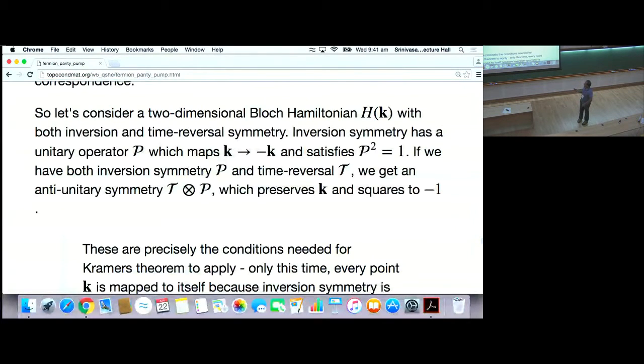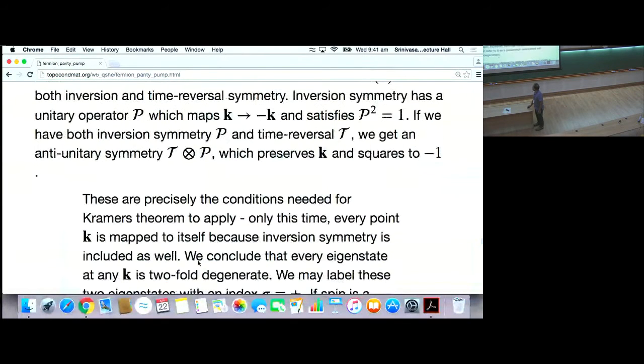The E and minus E, I guess, so this P is not a particle-hole, it's parity, so nothing takes E to minus E in either of these symmetries. But you're right. T times P is an antiunitary operator that squares to minus 1. That's all you need for Kramers' theorem, and that gives you that all H of k are doubly degenerate. Okay, good.